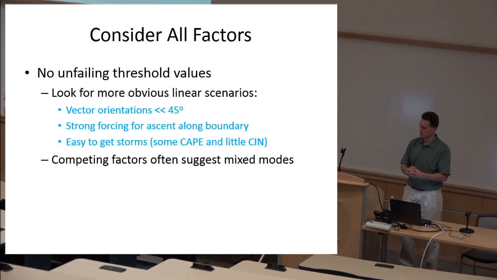So when you're looking for linear convection, the easiest cases to forecast are going to be the most obvious ones. I know that may sound kind of trite, but it's the truth, and you have to keep that in mind when forecasting because a lot of times you get mixed signals. And you end up with mixed modes, somewhat like what you saw on the Kansas-Nebraska border, where it's not clearly discrete, it's not clearly linear.